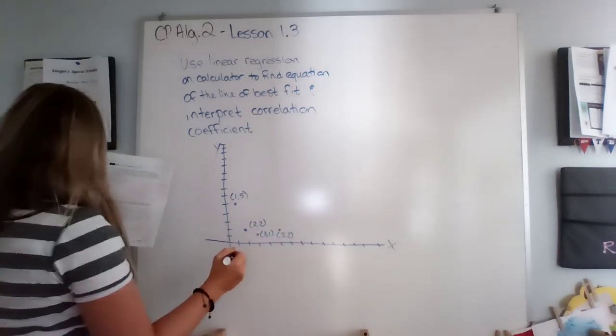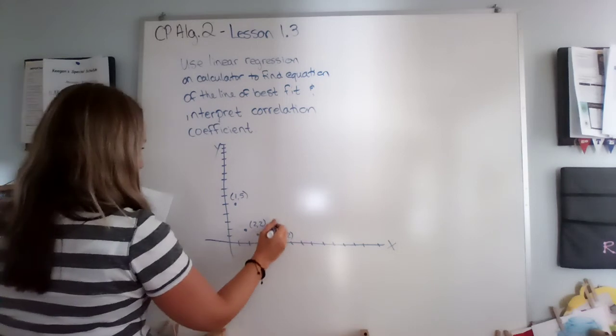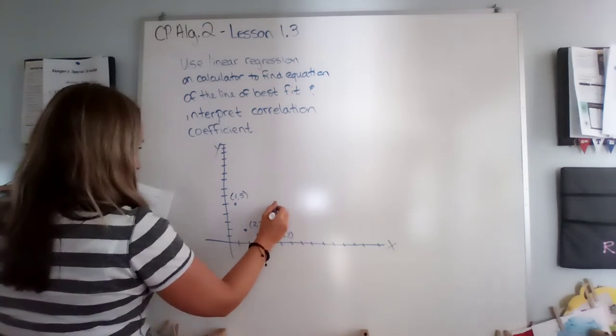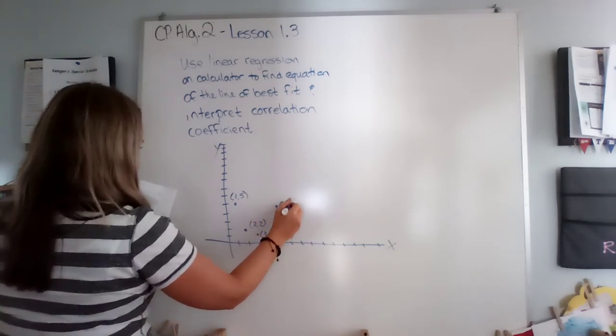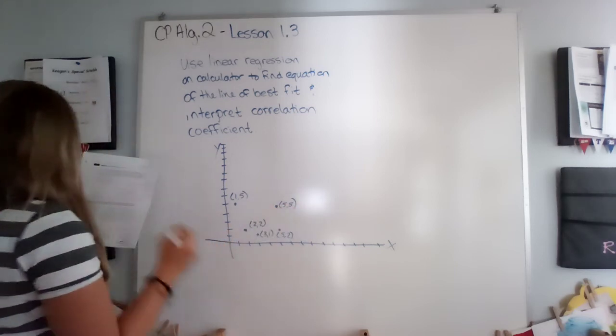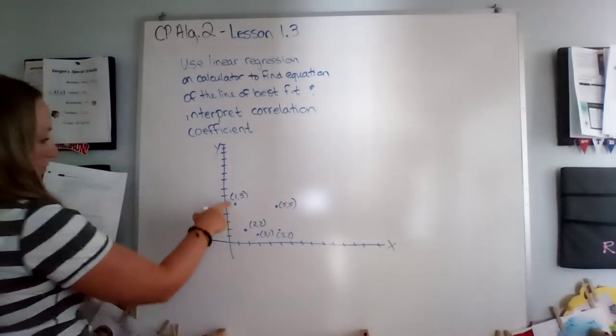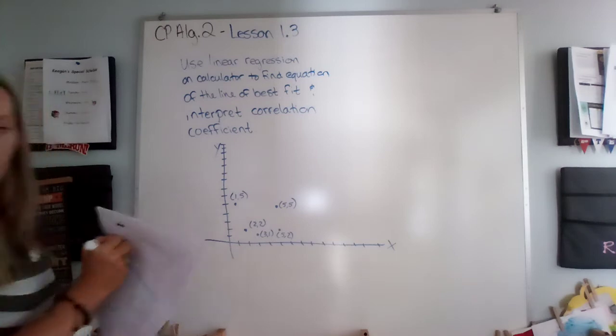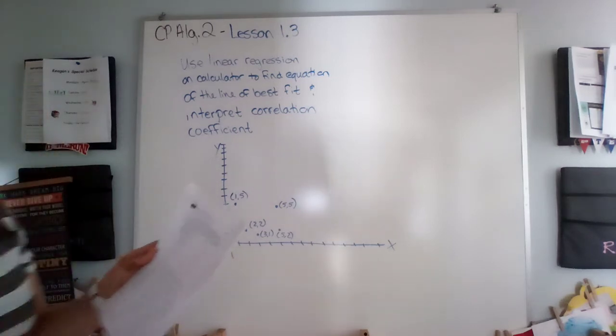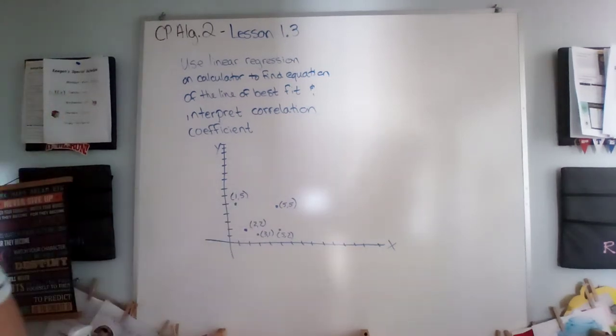Then I have 5, 5. And that's it. Good. Okay, so the first thing you want to do is create a scatter plot on your calculator, and I'll talk you through the steps.